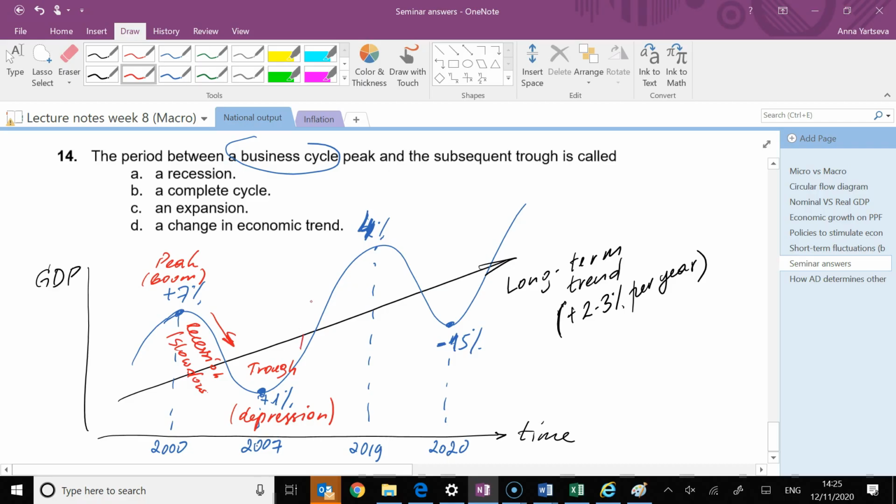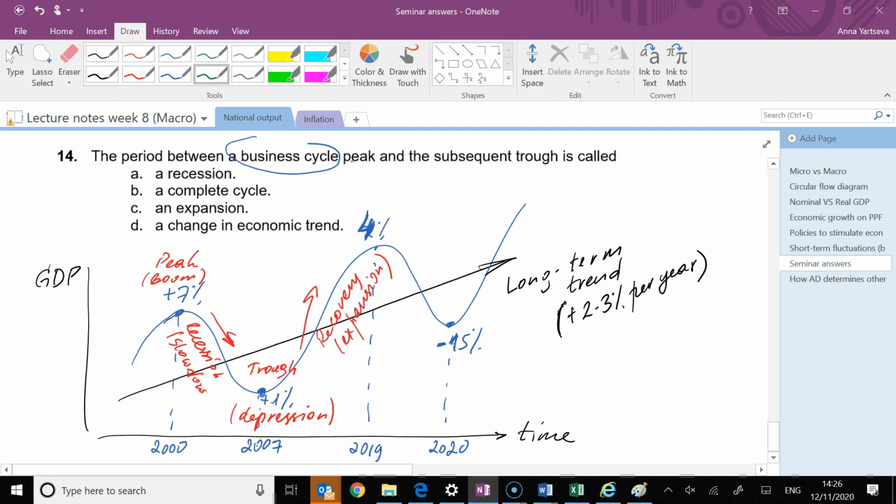And when the economy recovers from the bottom and moves towards its peak, it is called a recovery period or expansion. Different textbooks might use different terms, but the idea is the same. You are at the top, you are at the bottom, you are declining, slowing down, or you are expanding. That's it. And based on this information, let's have a look at what options are available.